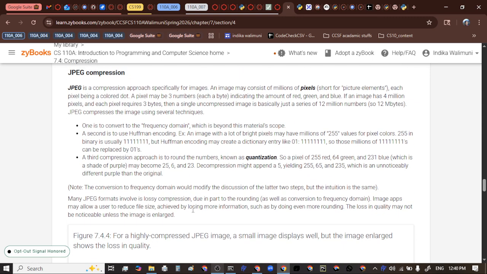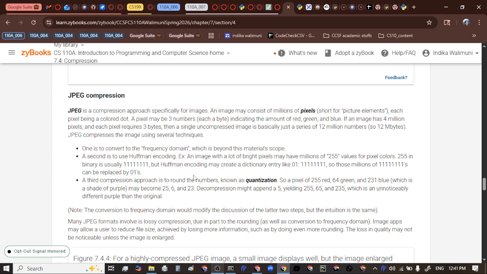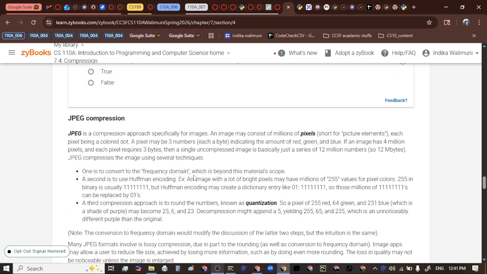Joint Photographic Experts Group. Yeah, that's the working group that created the technique. They're still active. It's kind of like the World Wide Web Consortium, a bunch of computer scientists who get together and propose protocols for the internet, right?